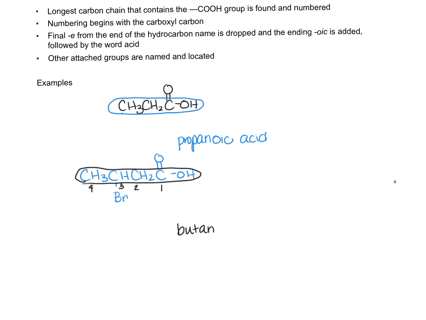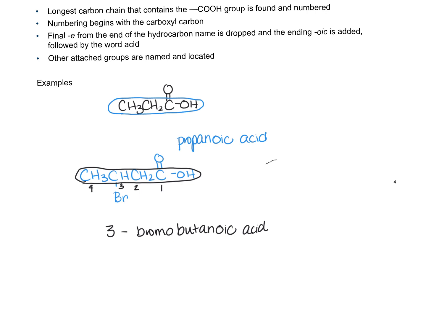And so we drop the E ending and add -oic, so it's butanoic acid. And then we see that there's a substituent, and that's bromine, and it's on the 3rd carbon. And so we would name this 3-bromobutanoic acid, where we start naming from that carbonyl carbon.